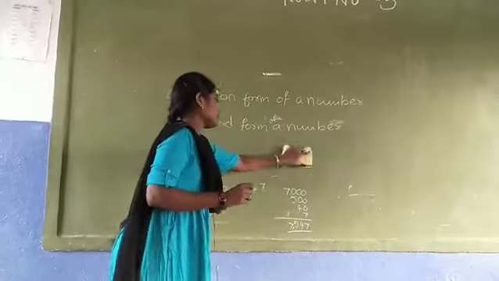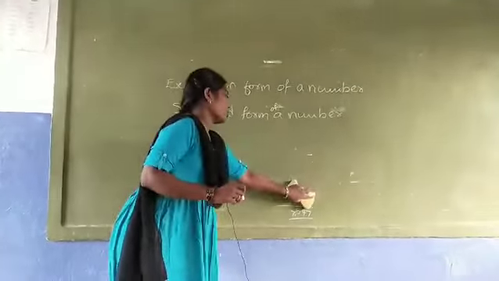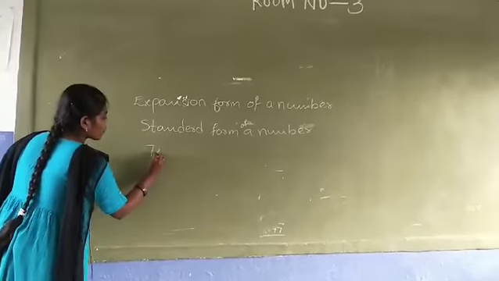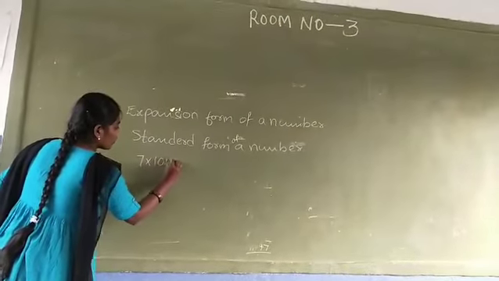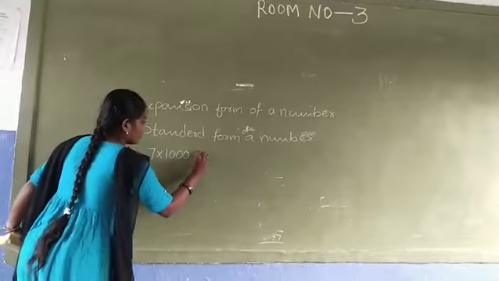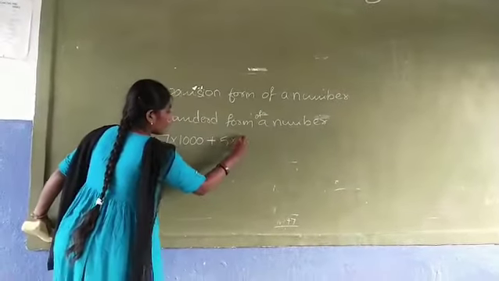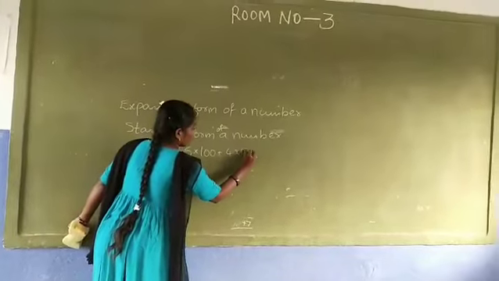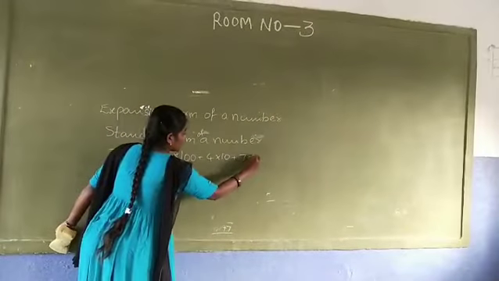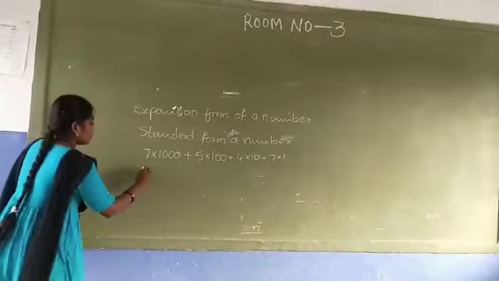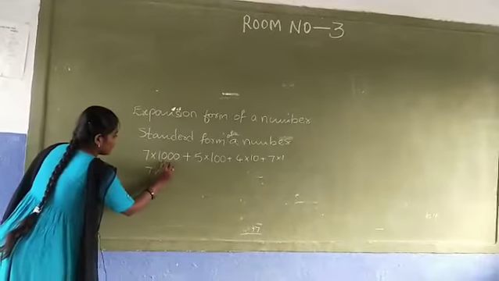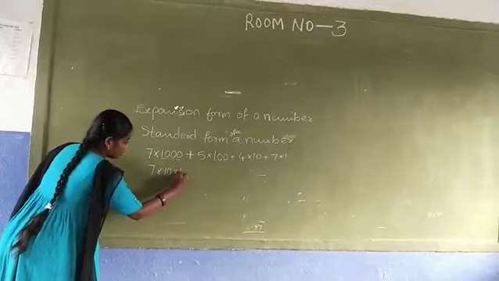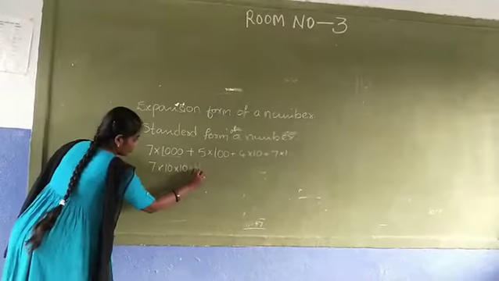Here I am writing this number in another way also. Five into 100, 4 into 10 plus 7 into 1. In the place of 1000 I am writing 10 into 10 into 10.